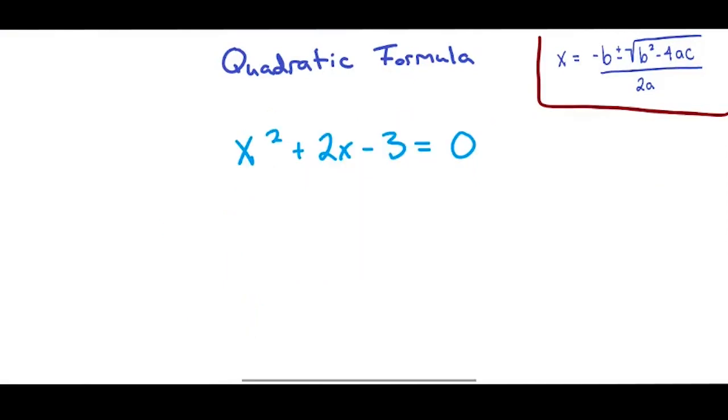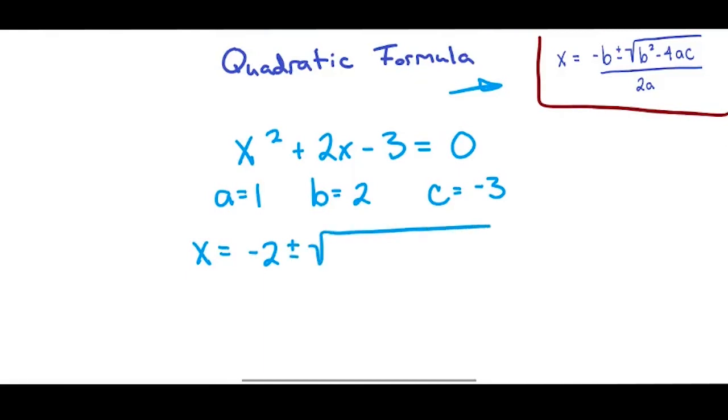Well, let's say we have x squared plus 2x minus 3 equals 0. Well, a equals 1, b equals 2, and c equals negative 3. Well, if we plug it into our quadratic formula, x equals negative 2 plus or minus the square root of b squared.